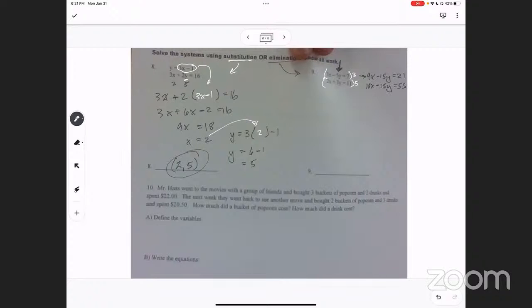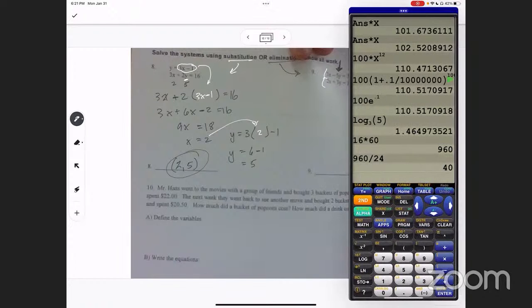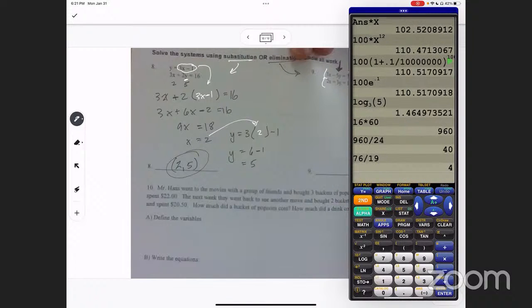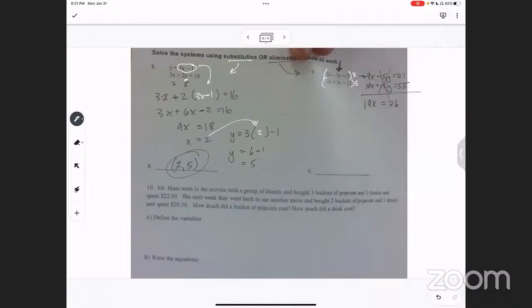Perfect. So now I'm going to just add them straight down. I've got 19x, the y's are gone, equals 76. Now, I don't know if 19 goes into 76, but I sure hope it does. Hey, look at that, it's 4. So x equals 4.